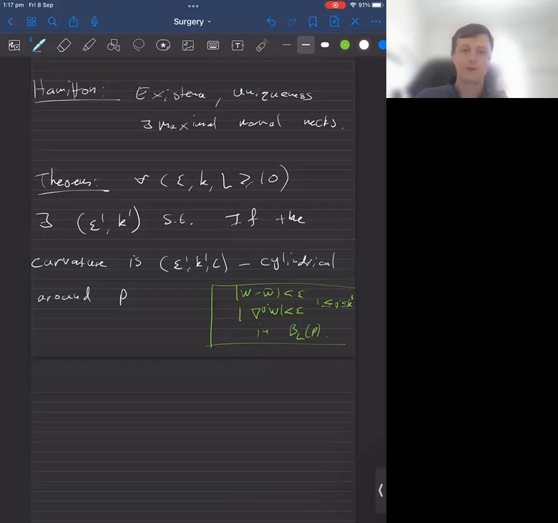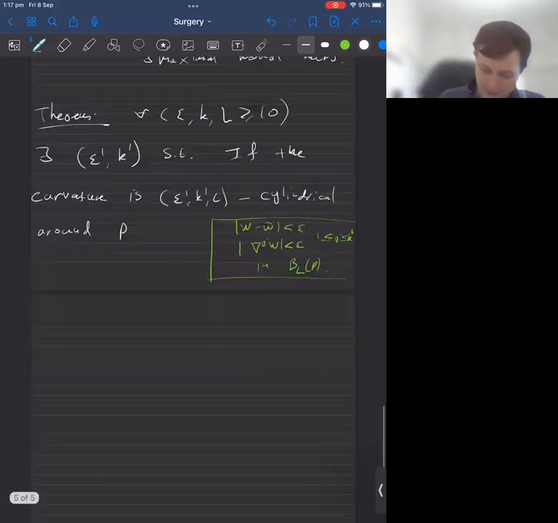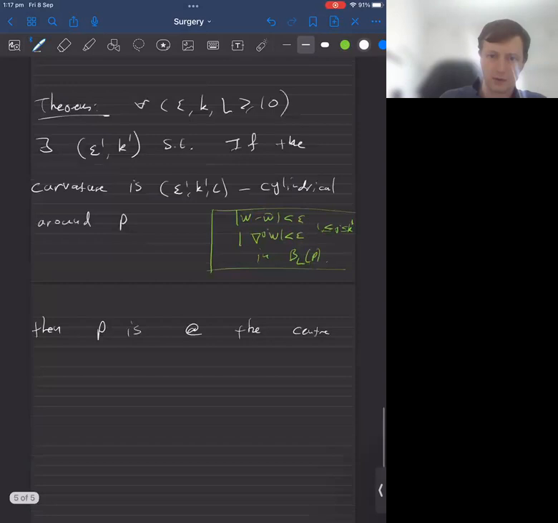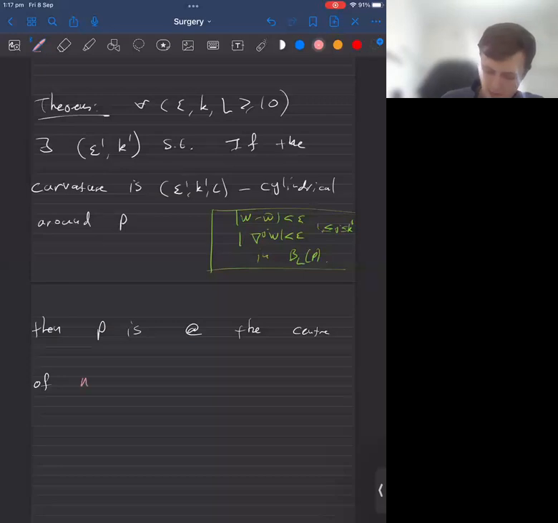So if the curvature looks like a cylinder, then P is at the center of one of these normal epsilon k hypersurfaces.